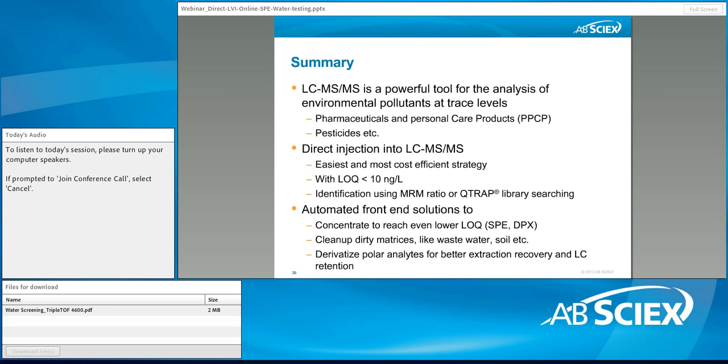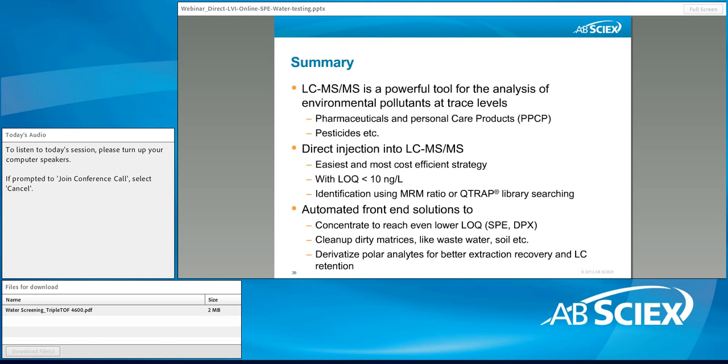Direct injection is a very powerful tool to skip sample preparation, to be very efficient, and also save time. With modern LC-MS instruments, limits of quantitation in the 10 nanogram per liter range or even lower are very easy to achieve. We can use ion ratios or QTRAP MS/MS searched against a library to identify these water pollutants with very high confidence.